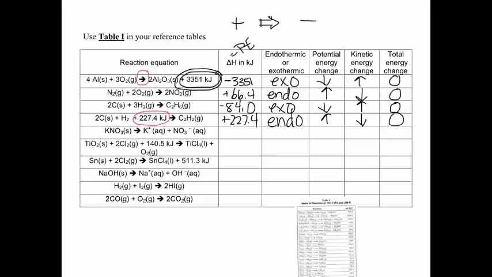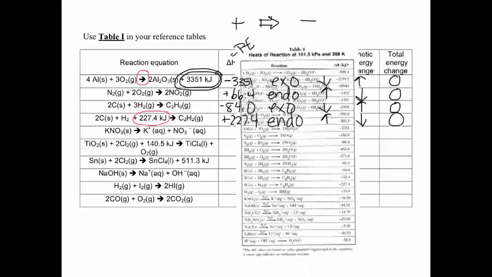I'm going to do one more with you, and then you're going to do the rest on your own. This next one, we have KNO3 solid becoming K plus (aq means aqueous, meaning it's dissolved in water) and NO3 minus aqueous. So really what's happening in this equation is they've taken a solid and put it in water and it dissociated into ions.